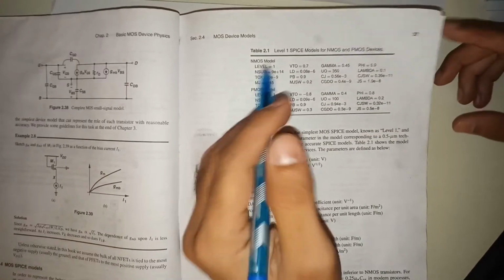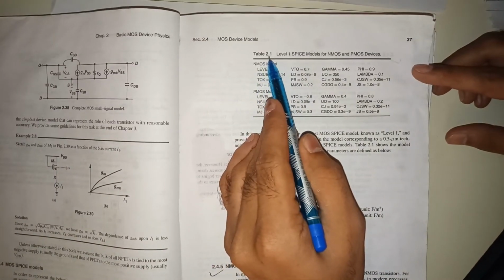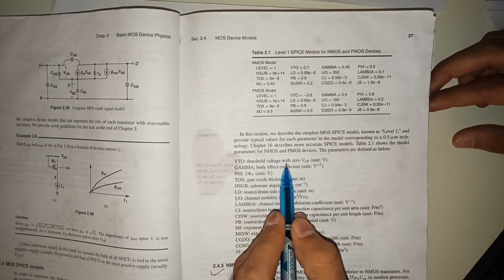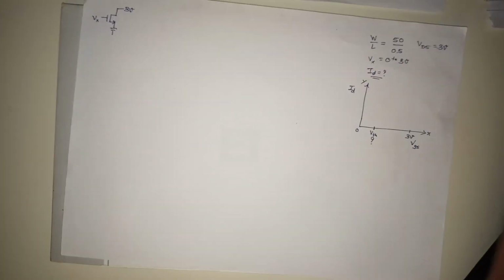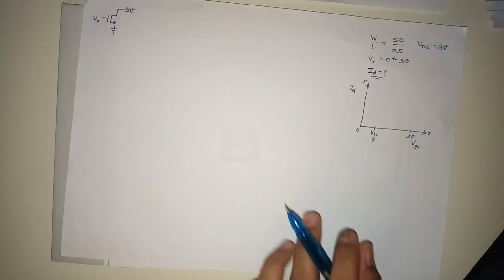If you will see here, this is table 2.1. VTO, they are saying threshold voltage with 0 SB. You can take this VTO for sure. Still it is for 0 VSB, but ultimately we are using 0 VSB only. But you can take this VTO for this calculation.